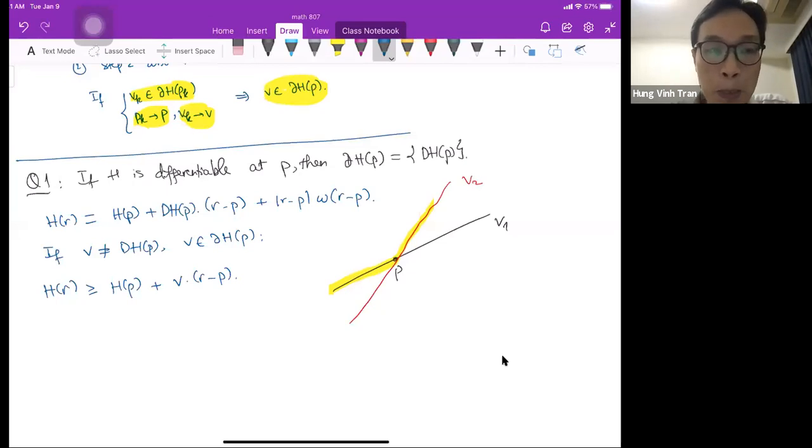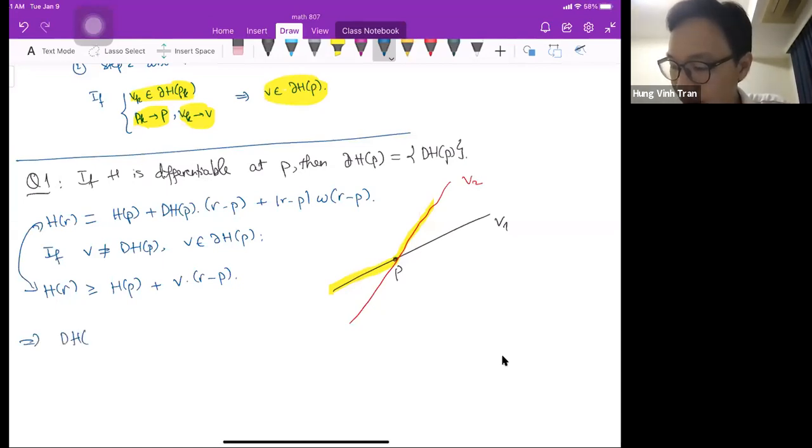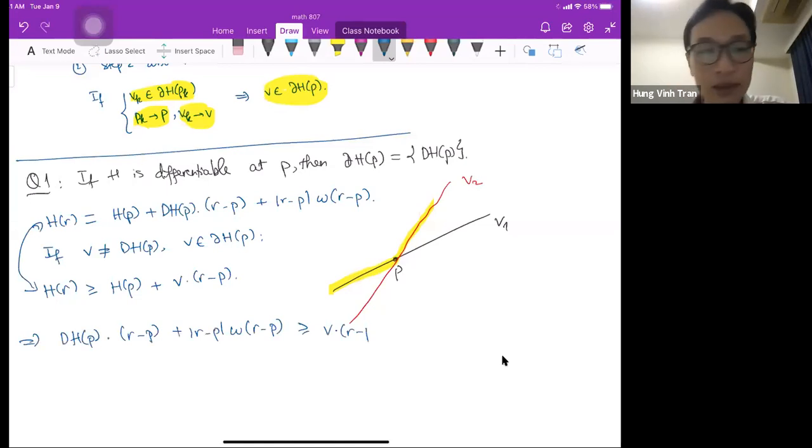Okay. So you clearly see what's going on here, right? We are going to compare the two relations. That gives you, you can subtract h of p out: dh of p times r minus p plus the norm of r minus p times the modulus of continuity here is greater than or equal to v dot r minus p.